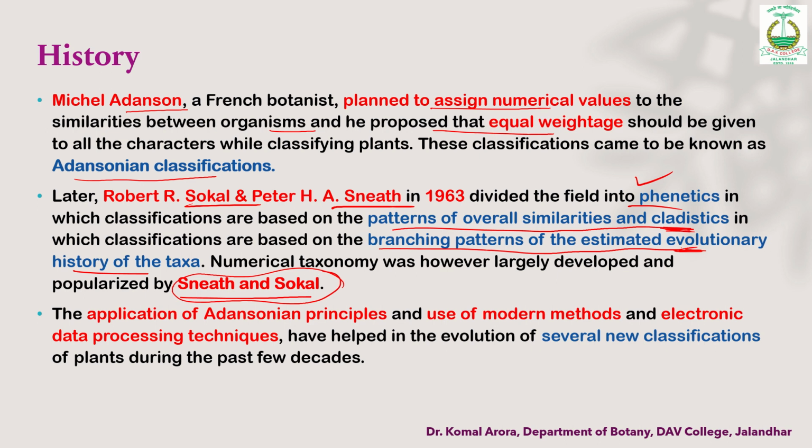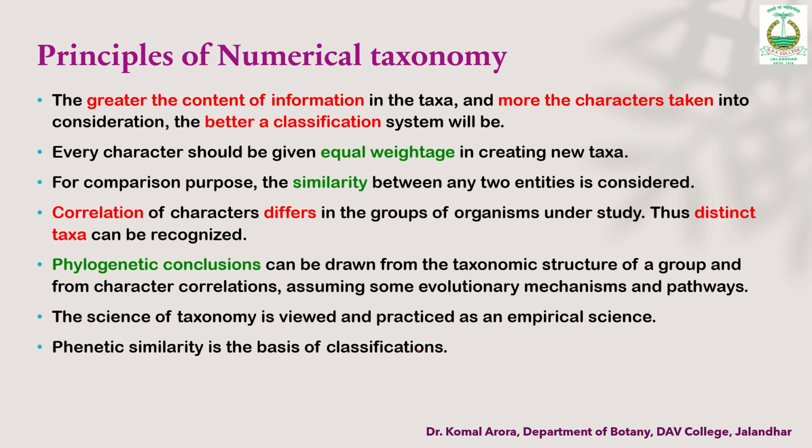The application of Adansonian principles and the use of modern methods and electronic data processing techniques, that is, the development of computer languages, has helped the evolution of several new classifications of plants during the past few decades, and they are all the phylogenetic systems which are called APG systems.